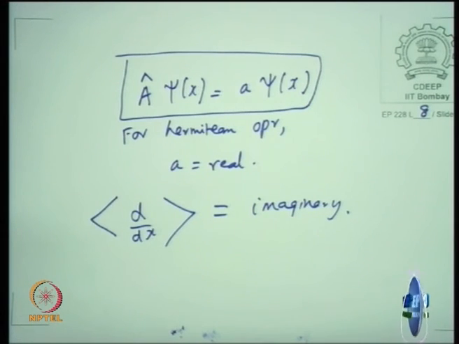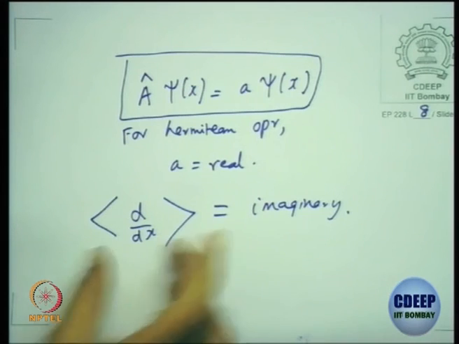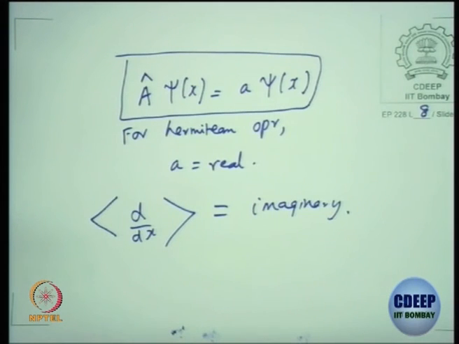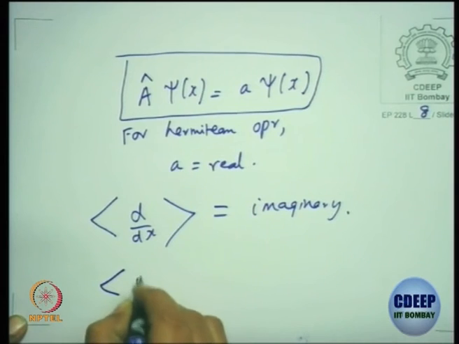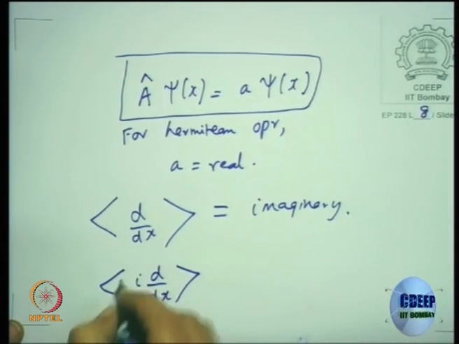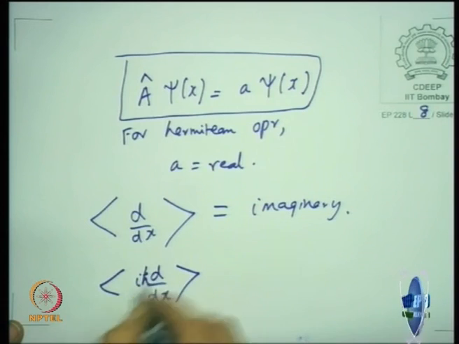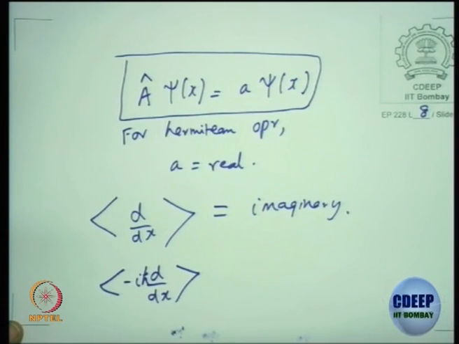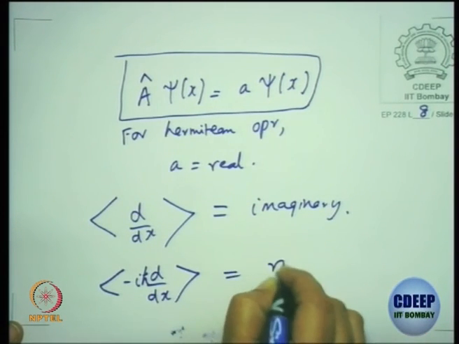That's why d by dx is not an observable: it's giving me expectation values which are imaginary. So that's why we use i d by dx, of course, with dimensional things you have an h cross also with a negative sign. This will be real.